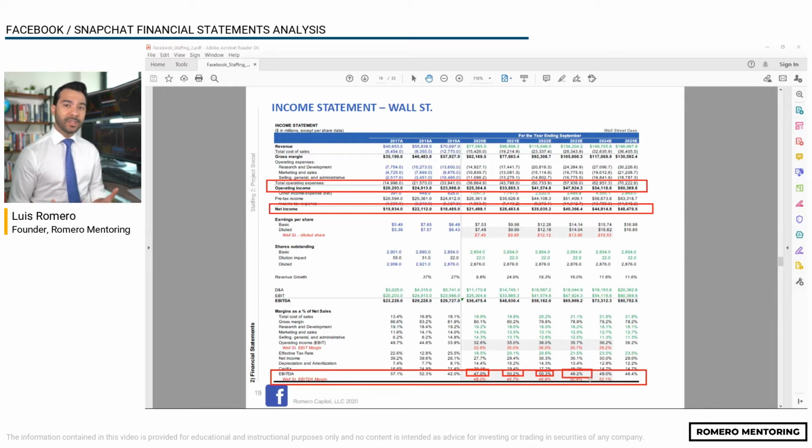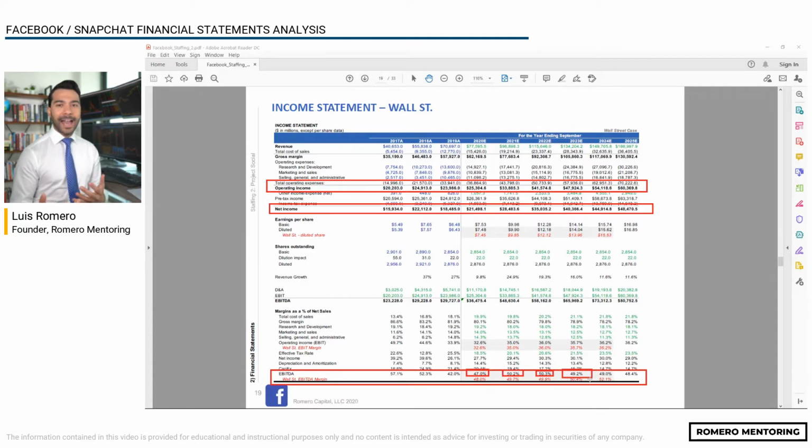Not many businesses can generate that high level of profitability from a margin standpoint. And when you really think about their business, there's no heavy capital investment in machinery or equipment, because what they've done is create a platform that allows users to create content. And of course, they're selling advertising through their platform.